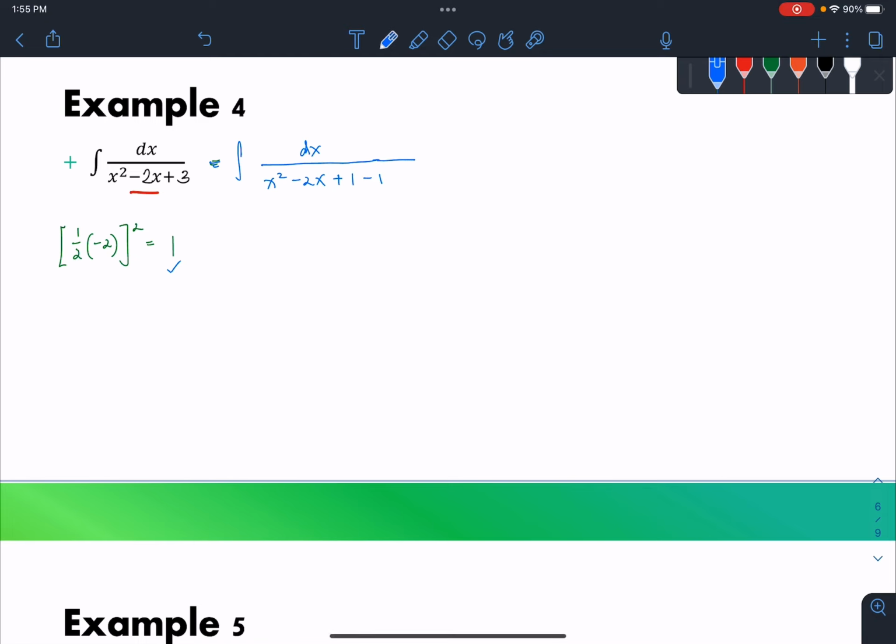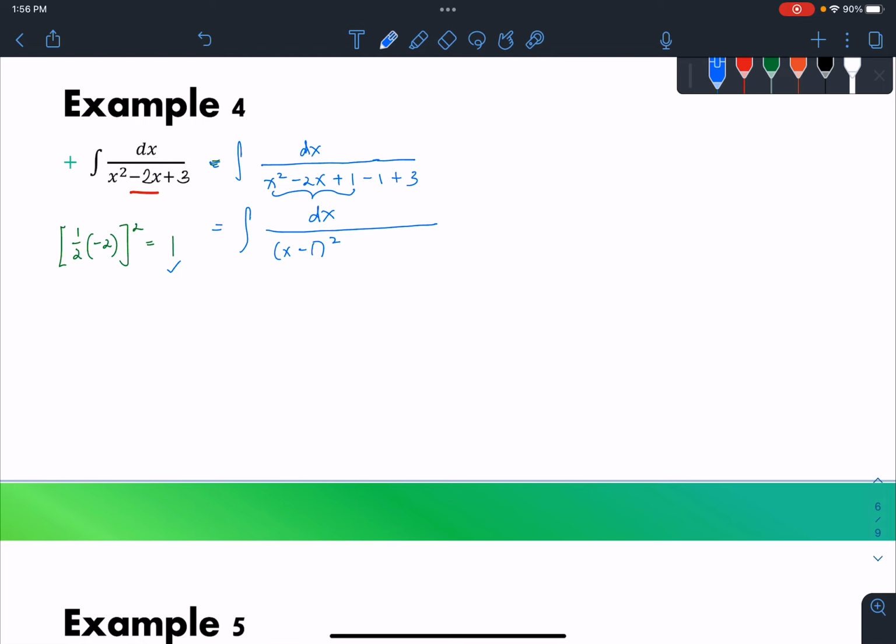So we plus 1 minus 1, that is still 0, so it doesn't change the integrand. However, it makes the denominator a perfect square. Because this one, x squared minus 2x plus 1, that is the same as x minus 1 squared. Okay, so x minus 1 squared.